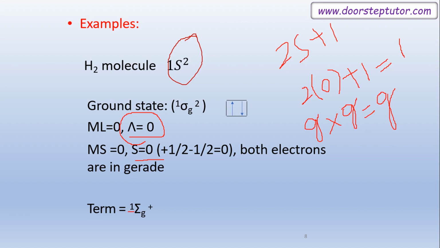And here we already know very well that generally the positive or negative symbol can be used only for the sigma level. Here it is a plus symbol only, so the superscript will be plus only. This is the example for the H2 molecule. We will discuss a few more examples in the next session. Thank you.